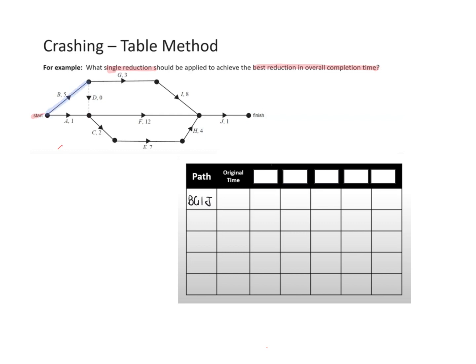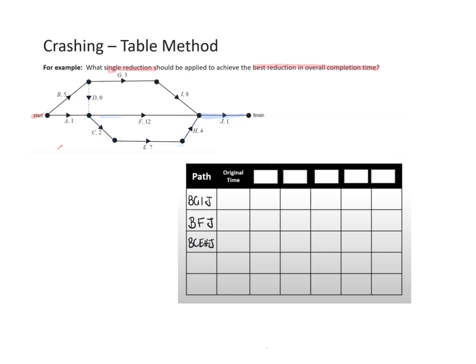So I could go B, use this dummy, F and J. So there's another one, B, F and J. Then, still using that dummy, B down the dummy, this time I'll go through C, E, H and J. I'm working all my options from top to bottom because I find this way, hopefully I don't miss any. I think there are no more options using B, so I'm rubbing that out.